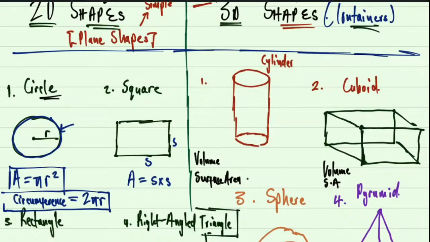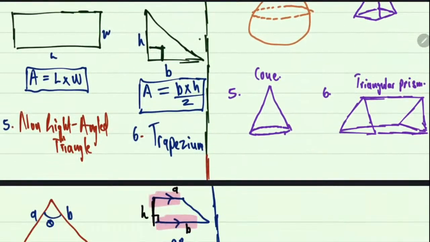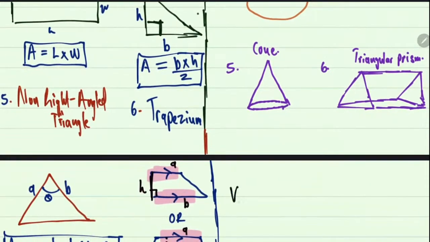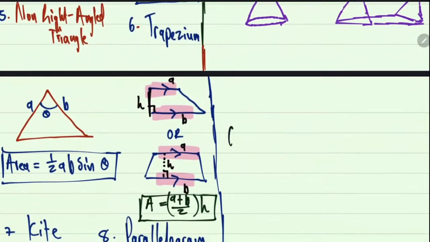Now, to get the volume, everybody, listen closely. Volume is going to be gotten the same way for everything. Volume, here is the general formula. You should know the general formula for volume.